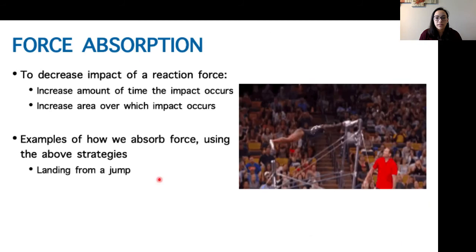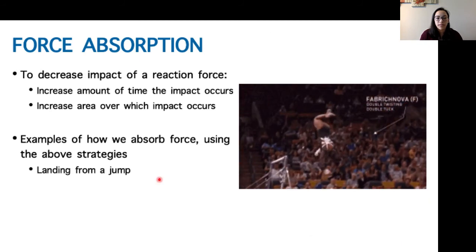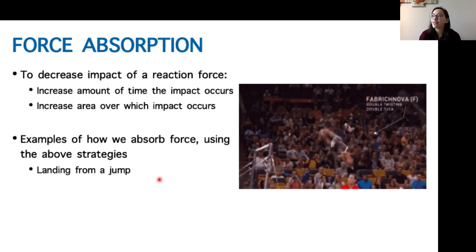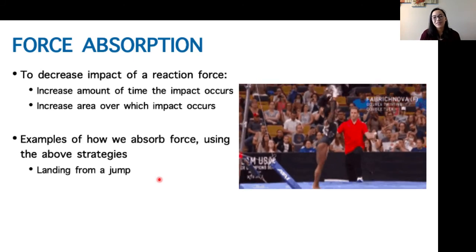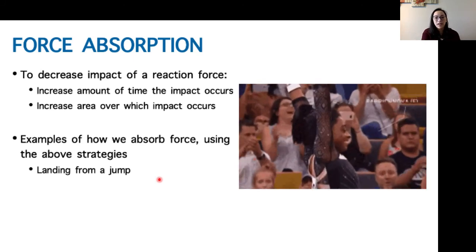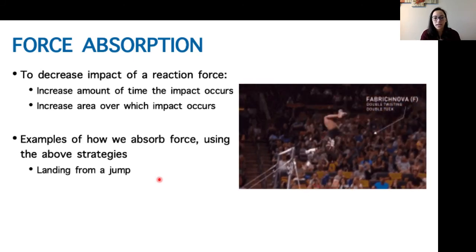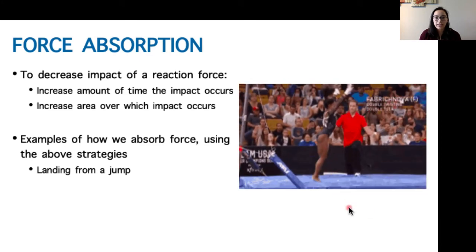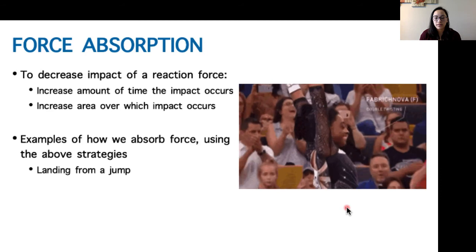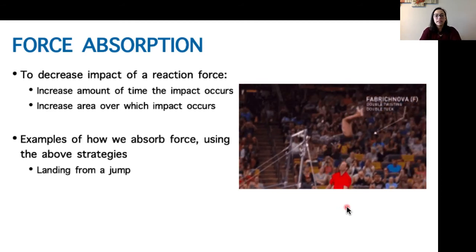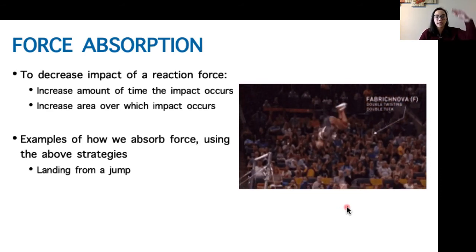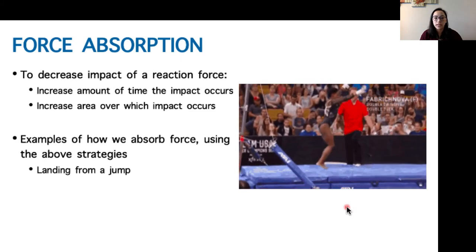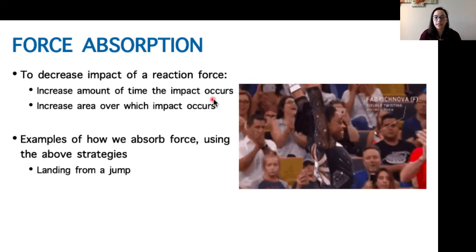So we've got some examples of this that are more motor skill applied. We have an example of landing from a jump. You notice as she's coming down, she briefly extends her knees and then bends them as she lands, so that's increasing the amount of time that the impact is occurring over.